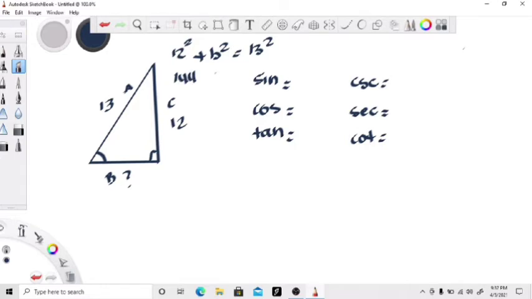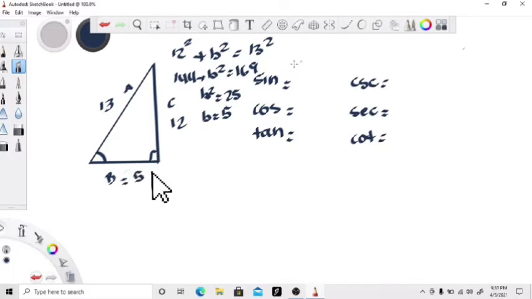Now 12 times 12, because it's 12 squared, equals 144, plus b squared equals 13 times 13, because 13 squared equals 169. Now to find the missing side, or the b, just subtract 144 from 169, which equals 25, and the square root of 25 is 5, because 5 times 5 is 25. Now we have the b, which is 5.